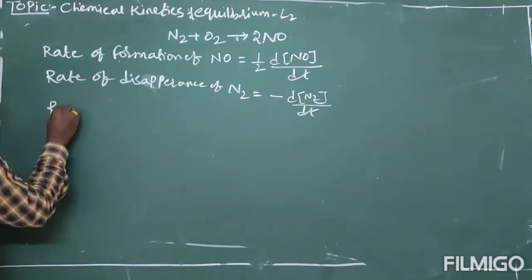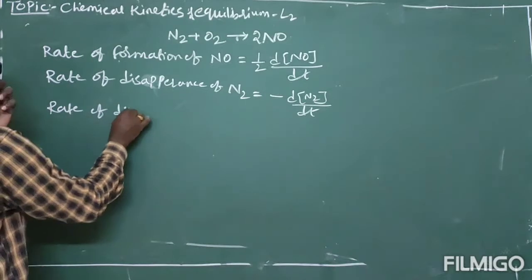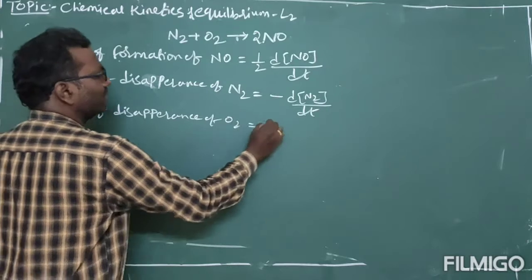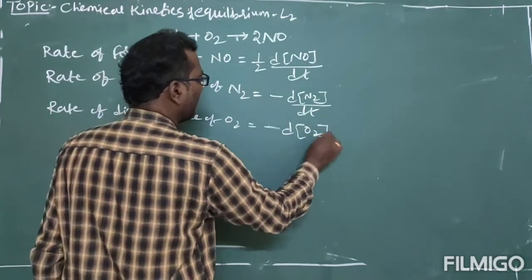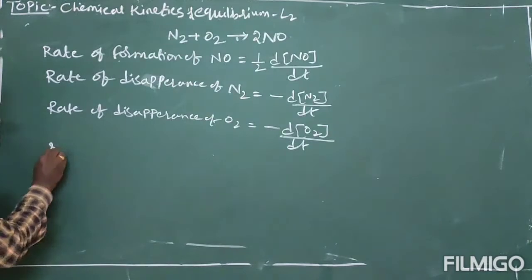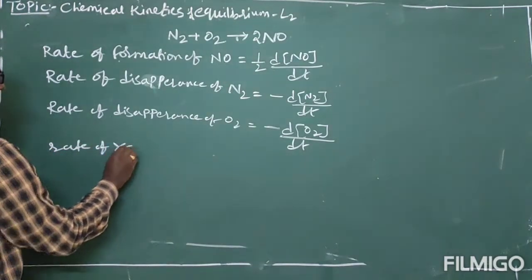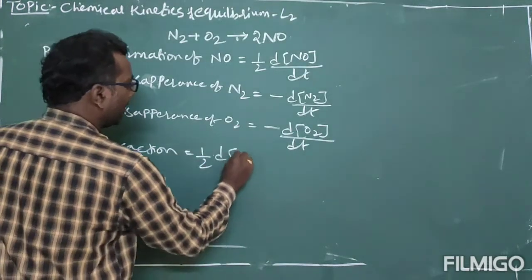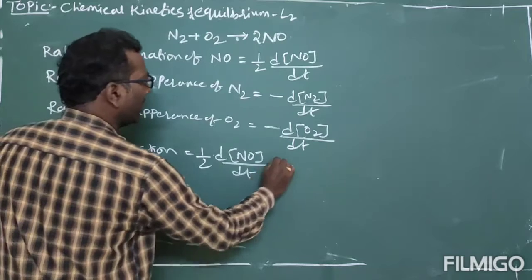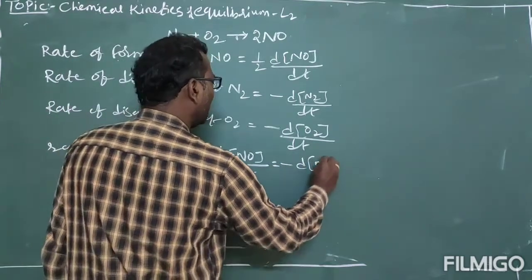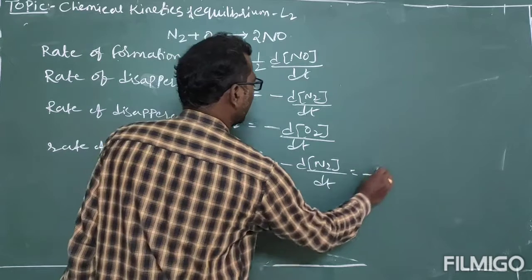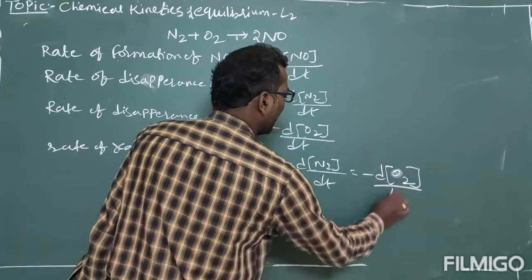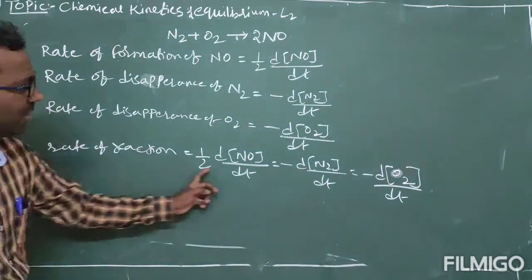Next, rate of disappearance of O2. Now how can I write the rate of reaction? Rate of reaction is equal to half dNO by dt is equal to minus dN2 by dt, it is equal to minus dO2 by dt. So this is the rate of reaction.